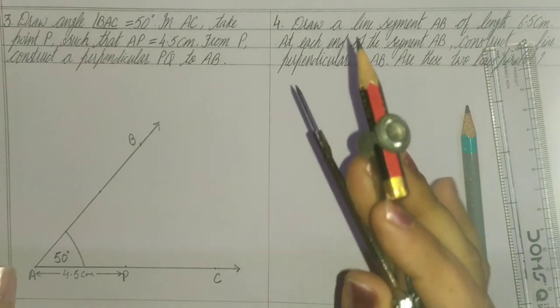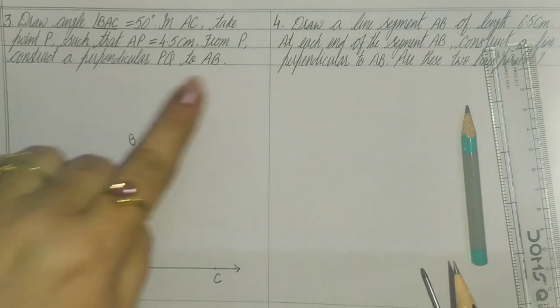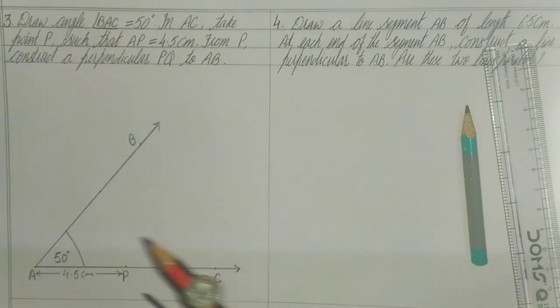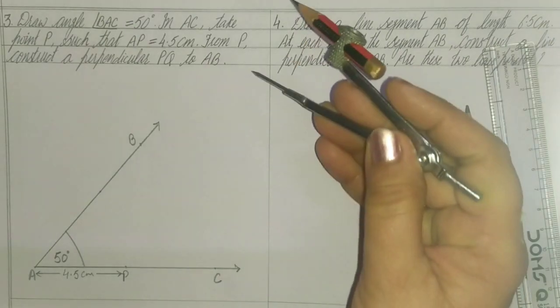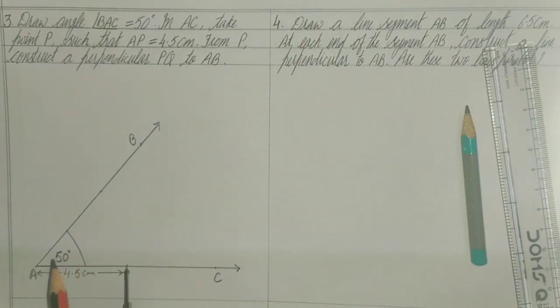So where do we have to construct the perpendicular? We have to construct the perpendicular from P, since P is the point from which we have to draw the perpendicular. So this will be the center where we'll put the pin of our compass.